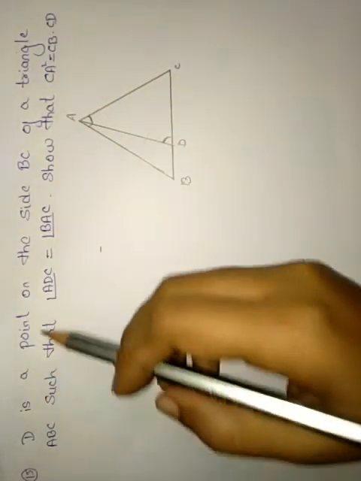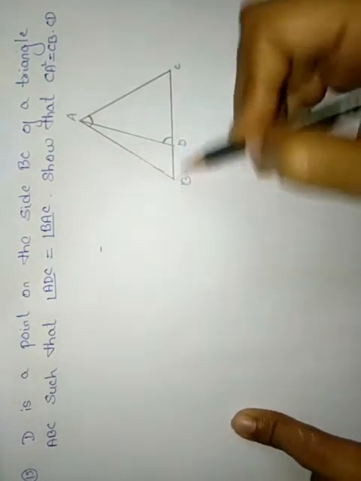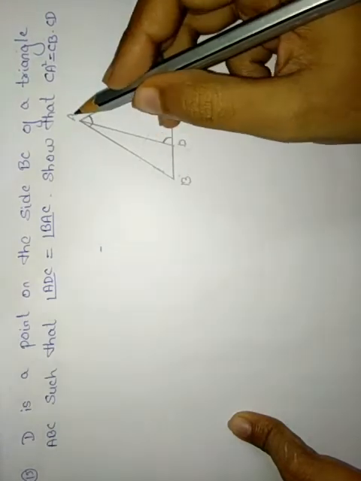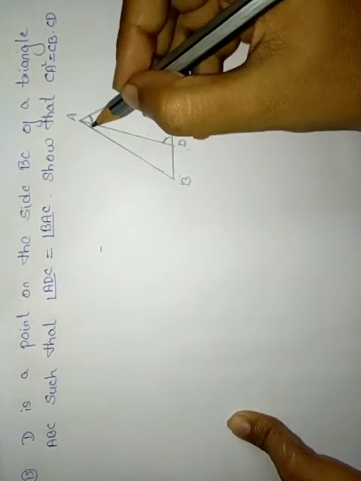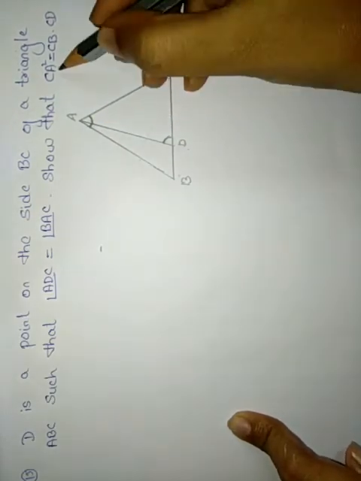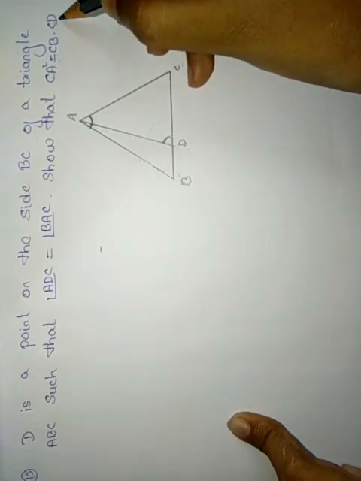13th problem. D is a point on the side BC of a triangle ABC such that angle ADC is equal to angle BAC, right? They have given angle A is equal to angle D, and we need to show that CA square is equal to CB into CD.